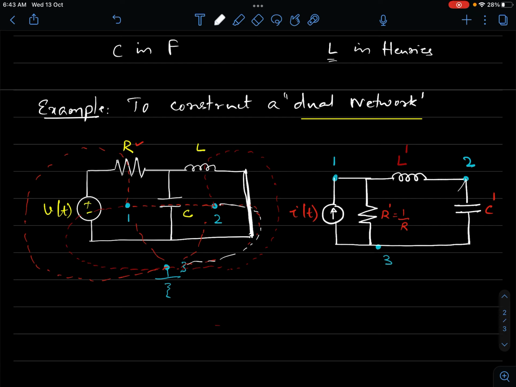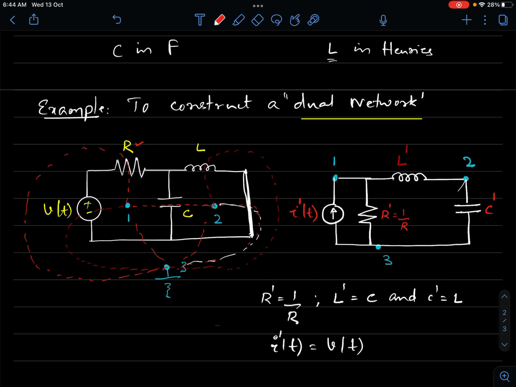So what we infer here is we can write that R dash value is 1 by R, and your L dash is equal to C, and your C dash is equal to L, and my I dash, that is equal to V of t. I will take this red back. This is my I dash.